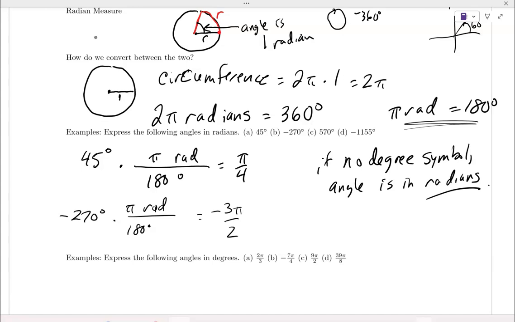You should be able to do the next two as well. It's the exact same thing. Notice in these two, if I have a 570 degree angle, that means you've rotated all the way around the circle, right? And then rotated another 210 degrees, 360 plus 210, and you've gone positively. So from your perspective, you would have gone this way 360 degrees and then another 210, somewhere down here.